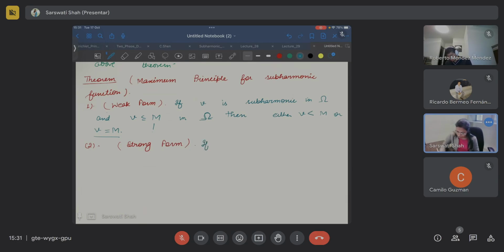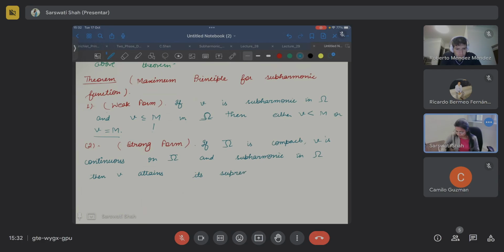If omega bar is compact and V is continuous on omega bar and harmonic in omega, then V attains its supremum on the boundary of omega.